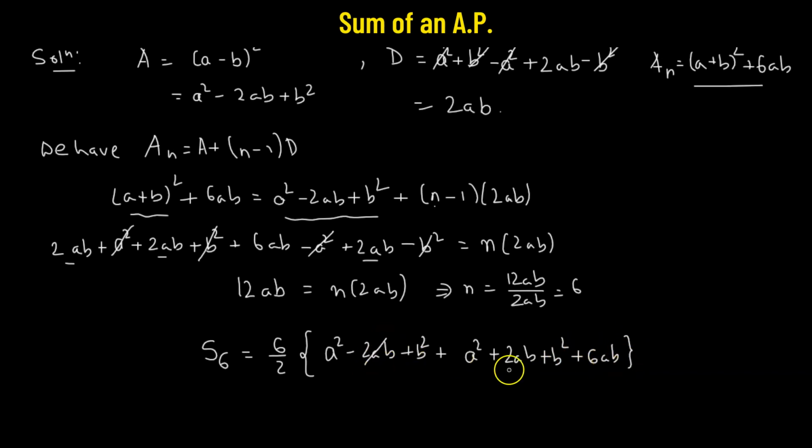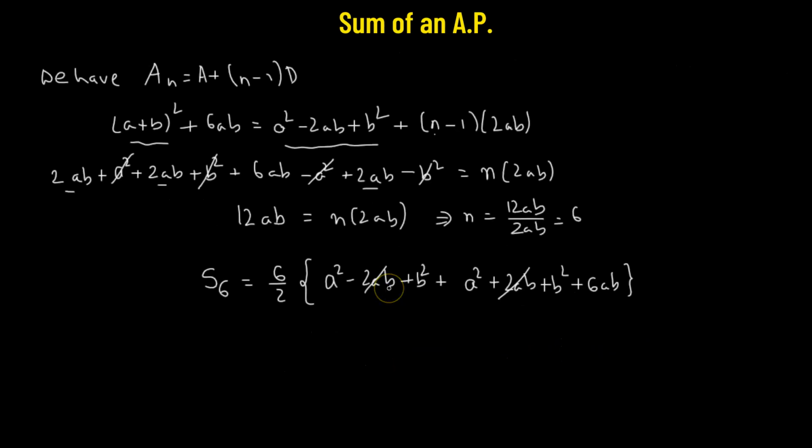So here negative 2ab and positive 2ab cancel out. 6 divided by 2, that will be 3. So we have a squared plus a squared, that's 2a squared. Then we have 6ab plus b squared plus b squared, so that will be 2b squared. Hence, we have obtained the sum up to the 6 terms of the given arithmetic progression.